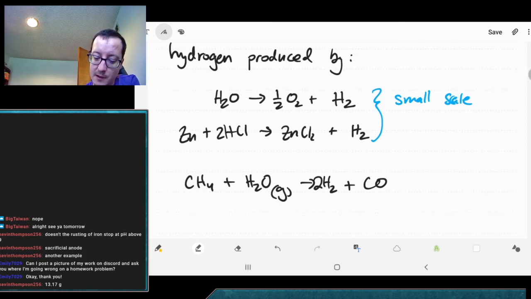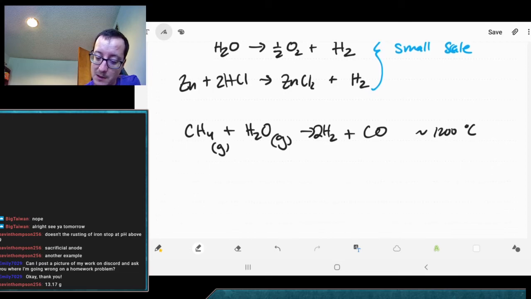And this happens at, I think, 1200 Celsius or something? Some high temperature that this has to happen at. And this is the more common way to produce hydrogen in the industry. We use hydrogen quite a bit.